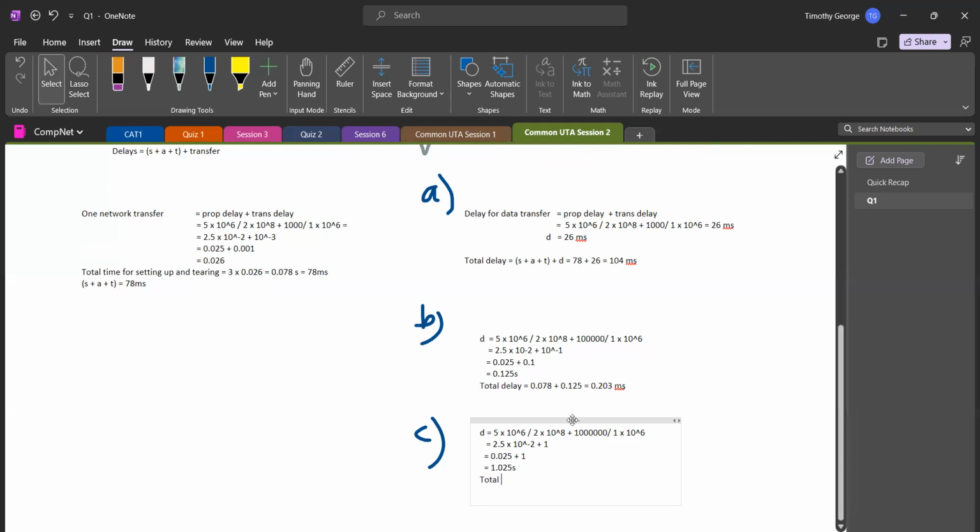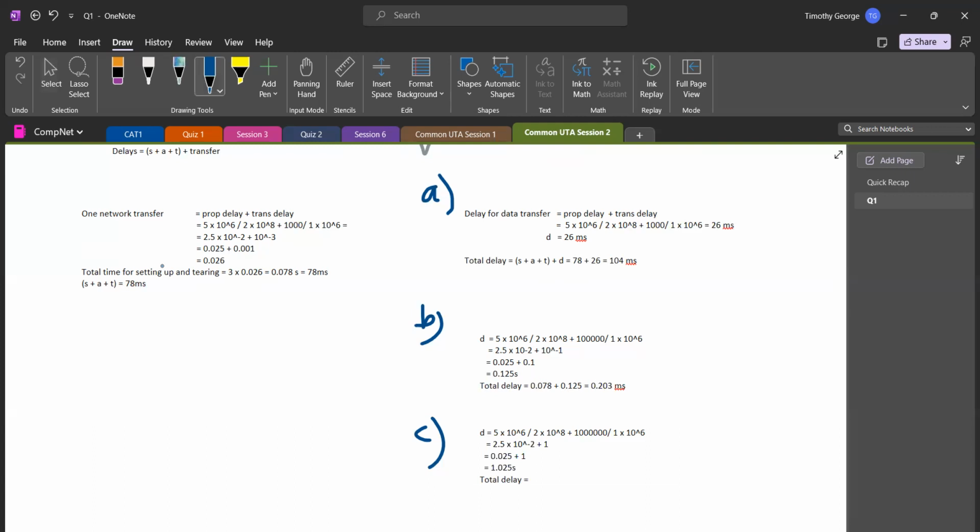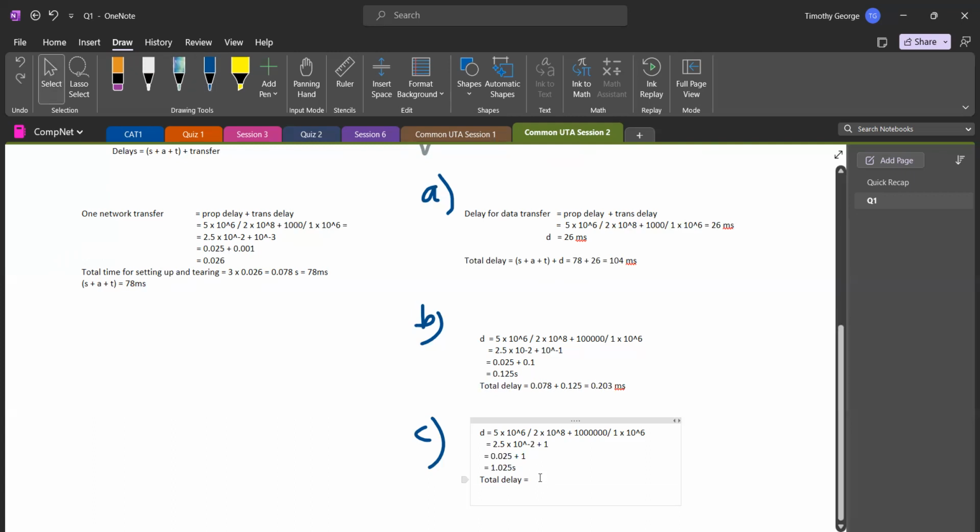So total delay, all that you need to do, you have your S plus A plus T here, you have the D value here, just need to add these two. So 0.078 plus 1.025 is equal to 1.103 seconds.